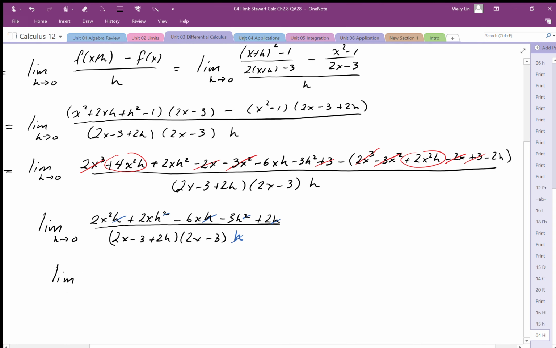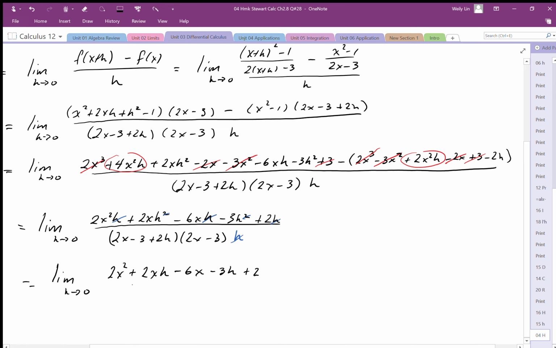So pretty soon I can apply my limit. So this is going to be 2x squared plus 2xh minus 6x minus 3h plus 2.